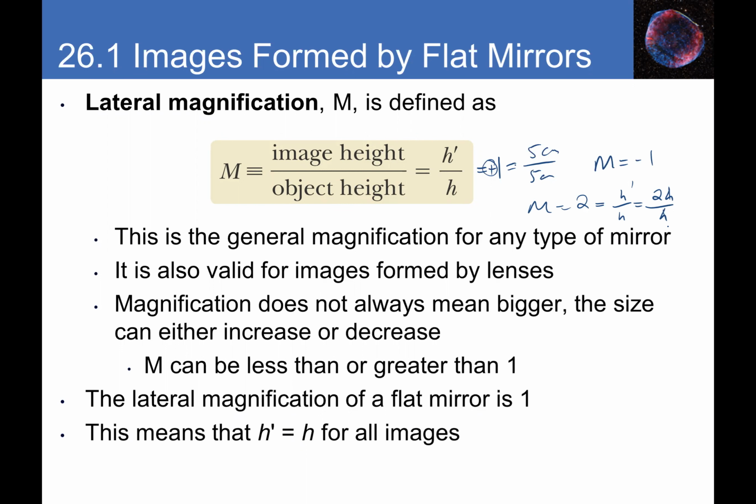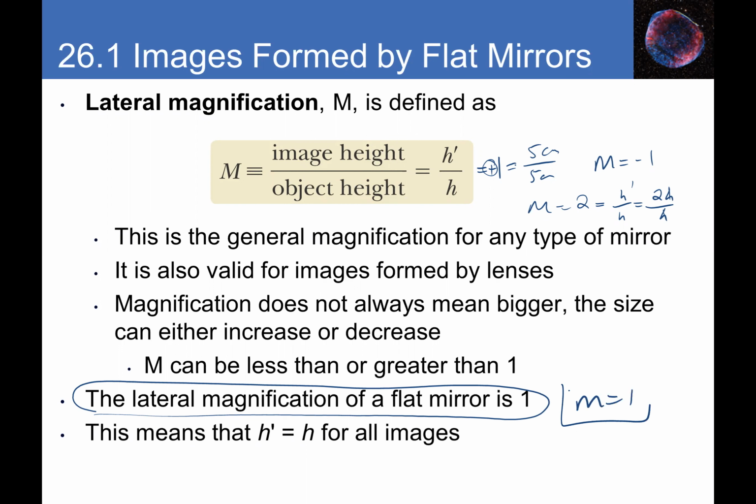In any case, the lateral magnification of a flat mirror is always 1. If the mirror is flat, you're never going to get anything more than 1. If m is not +1, that means you're not dealing with a flat mirror.